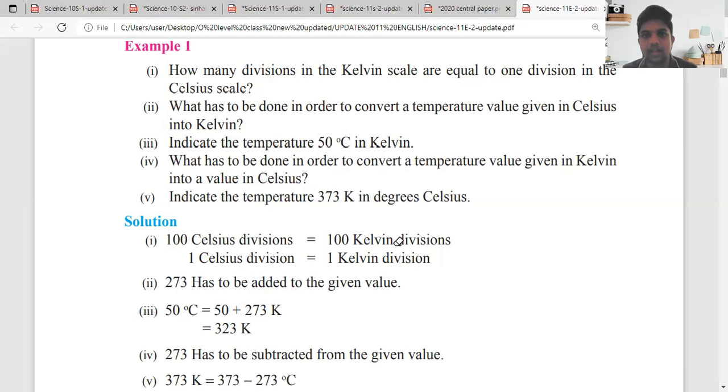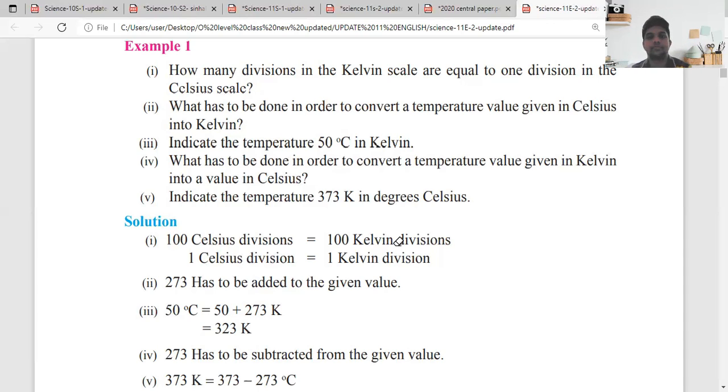Write down the answer: 273 has to be added to the given Celsius value. Okay, Dharu, all clear?